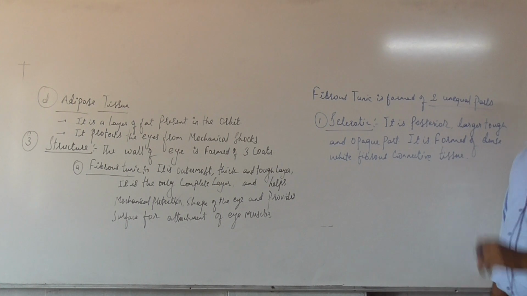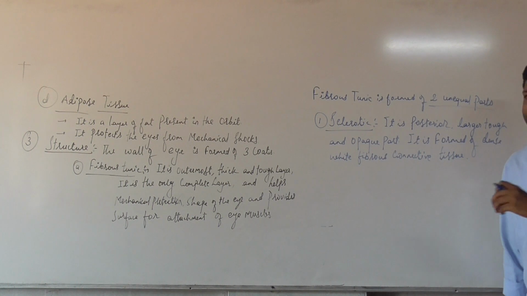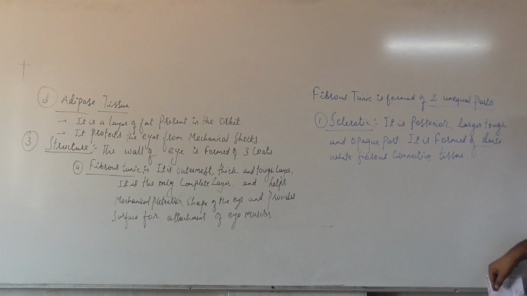Now, what do you mean by white fibrous connective tissue? It is nothing but collagen, isn't it? So dense means it is found in a compact part, or there is a compact arrangement of the white fibrous connective tissue. Connective tissues are broadly classified also as dense connective tissue, so here they have the dense regular as well as irregular fibrous. If dense regular, it is composed of white fibrous connective tissue.